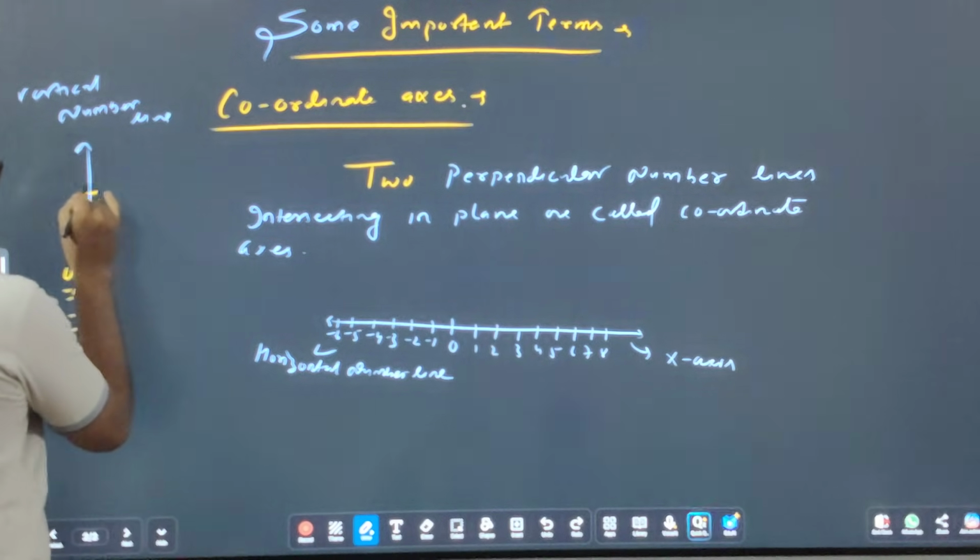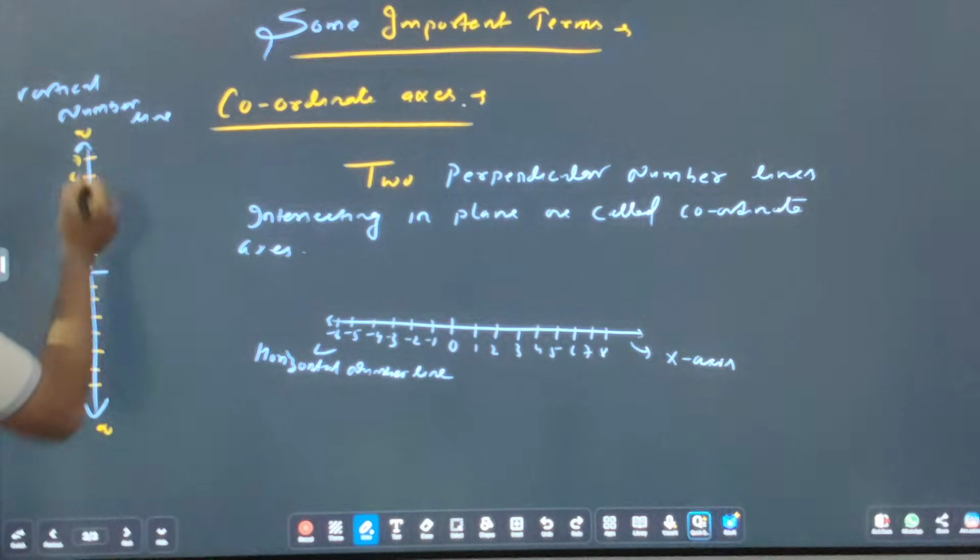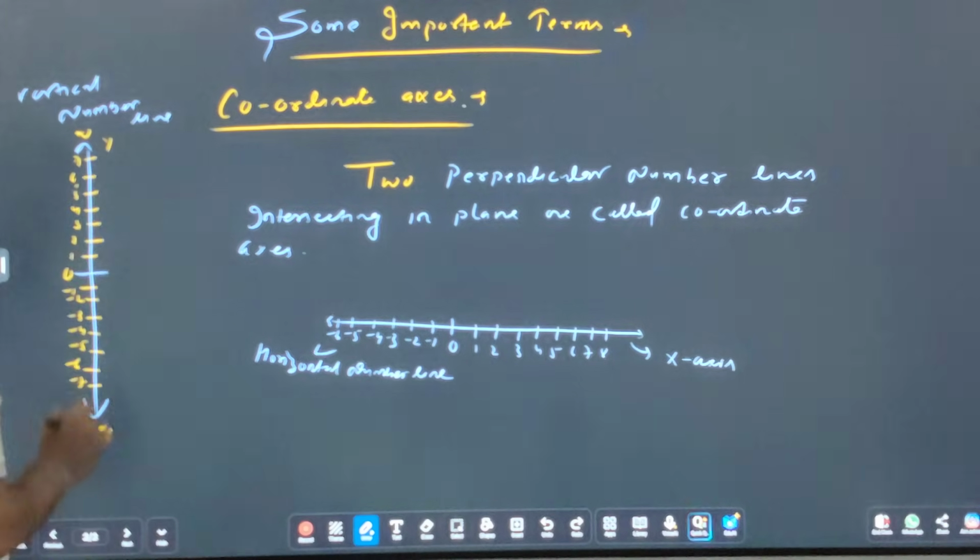But above, it is taken as positive: 1, 2, 3, 4, 5, 6, 7, and so on. This is represented by y, and the negative portion is represented as y dash.